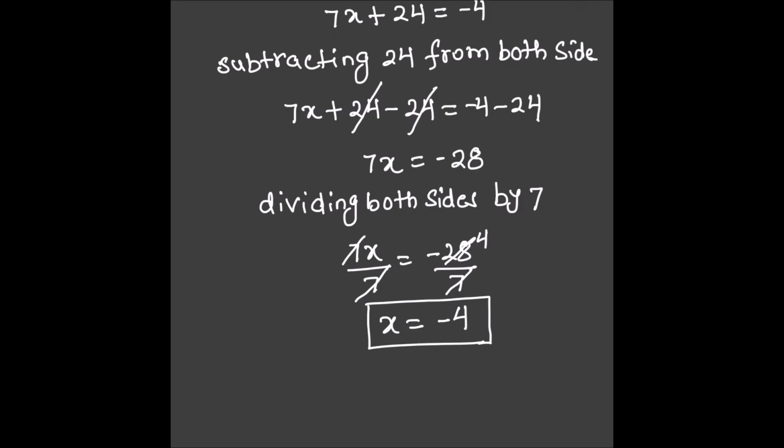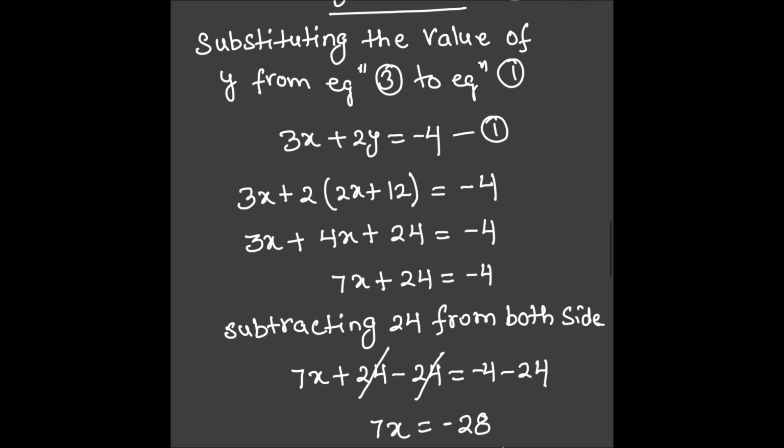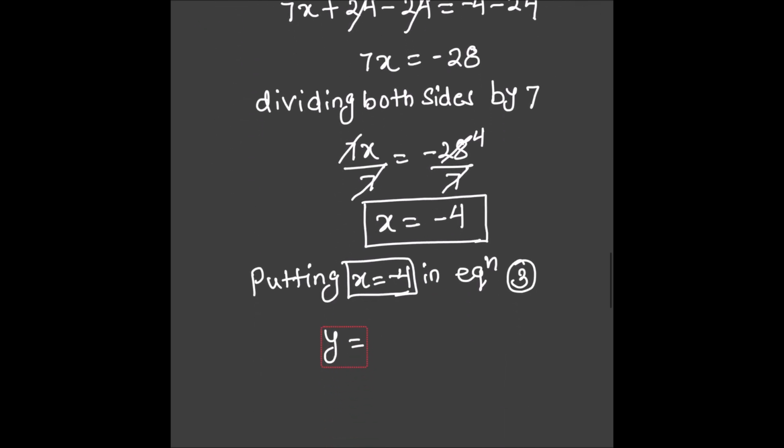So putting x equals negative 4 in equation 3, y equals, equation 3 is y equals 2x plus 12.